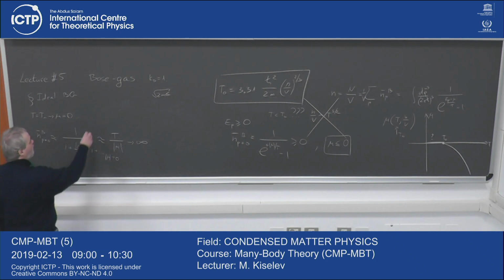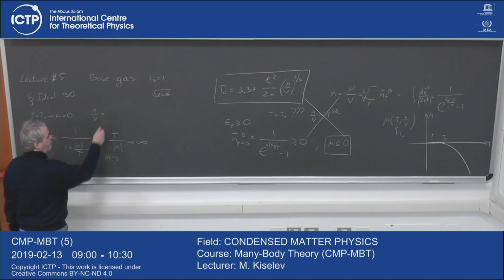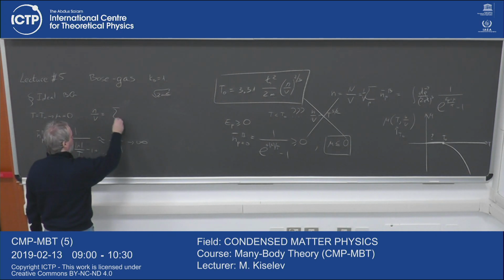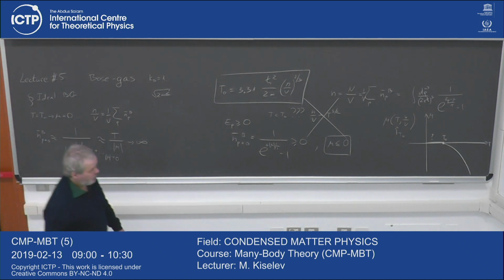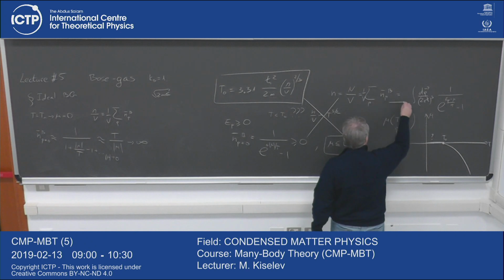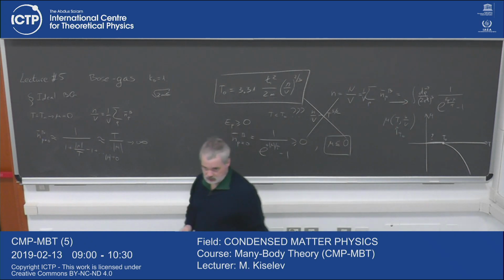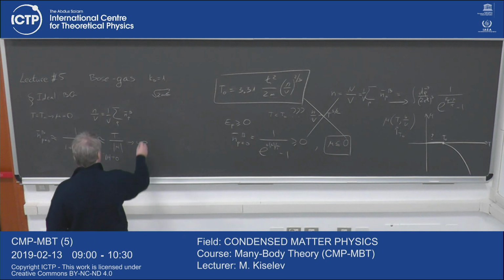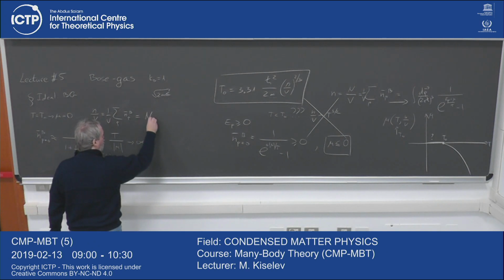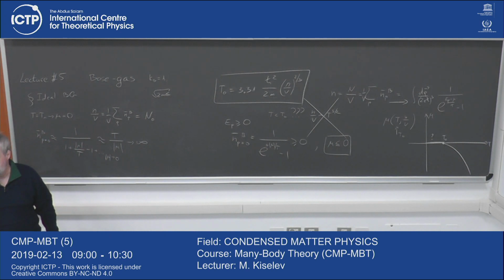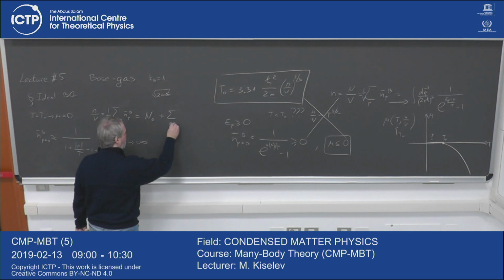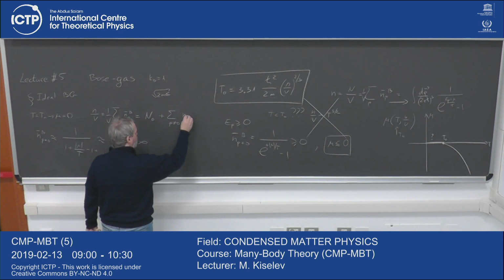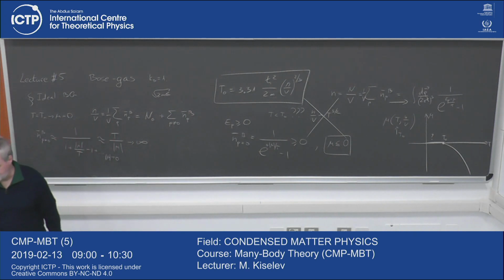And therefore, when we write down our equation n over V as 1 over volume, sum over p, n_p Bose, which is correct, the way we transform it to an integral is no longer correct at temperatures below T_0. So we need to write down separately the number of particles occupying the state with energy equal to 0, plus the sum over p not equal to 0 of n_p Bose. So this is the correct equation.